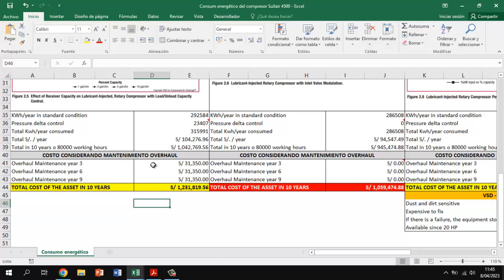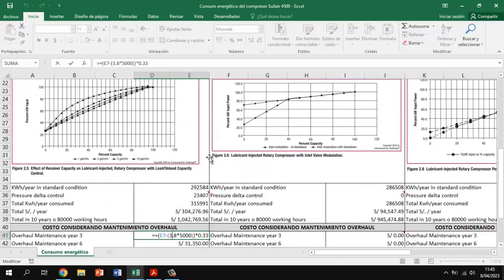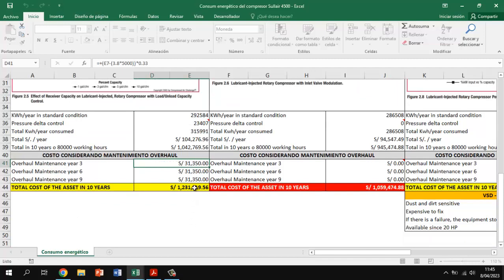So that's the reason why I consider approximately 33% of your total price for your overhaul. I'm just estimating, because I'm using the total price. The 33% of your total price will be the cost of the overhaul maintenance, just an estimate. That's the reason why it's the same.